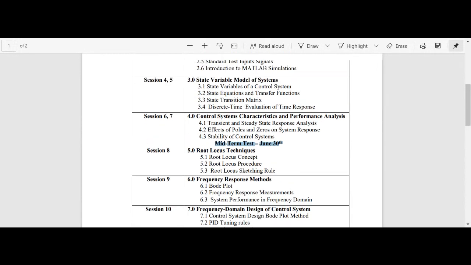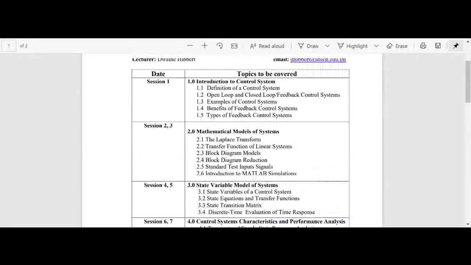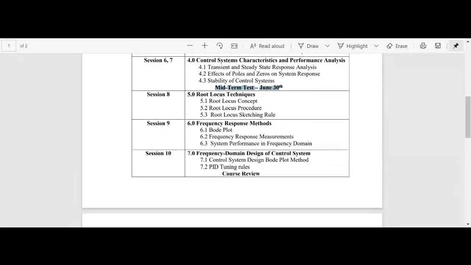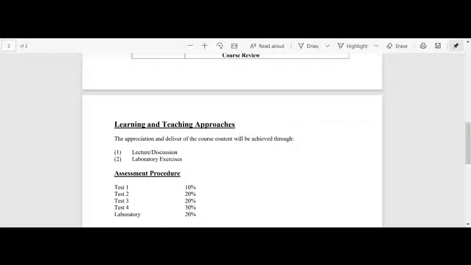That, in a sense, will cover the module control systems. Basically, that is the summary of the content that we'll be covering. As it relates to the teaching and learning approach, online lectures and discussions would be the means of covering the content, and you'll also be doing laboratory exercises.